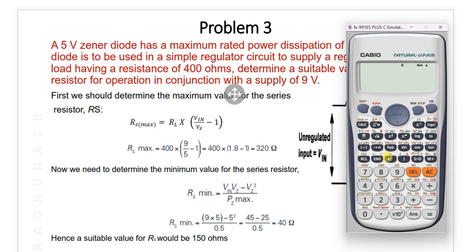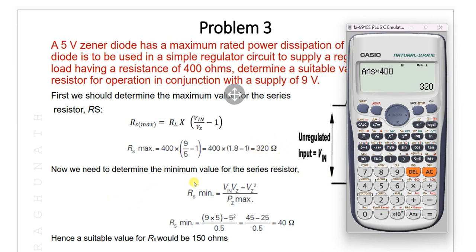First open the bracket: 9 divided by 5, minus 1, we get 4 by 5. Then multiply by 400. So it is 320 ohms.